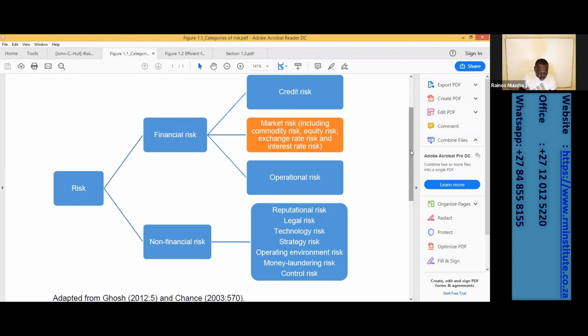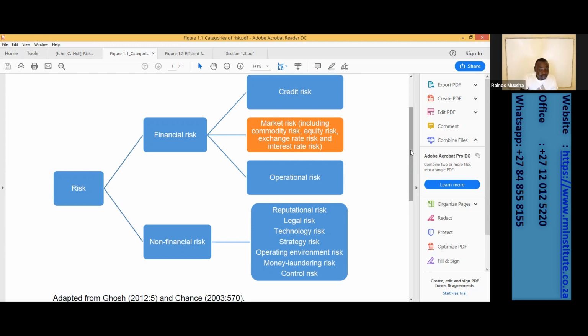So now control risk is that risk where, after the management of the business says that we need to stick to this particular risk so that our organization is not overexposed, it comes in as part of the monitoring and control activities of the risk manager, to ensure that the different parties in the organization are sticking to the risk that has been stated by the management, to say this is how much risk we should be prepared to take.